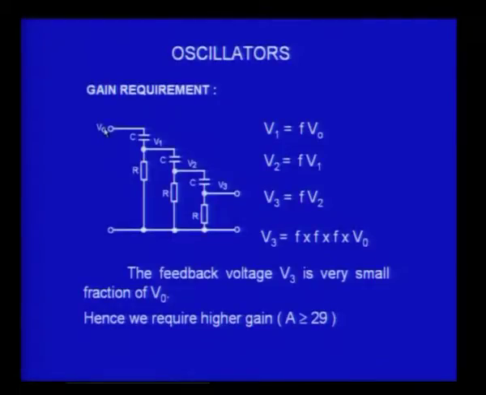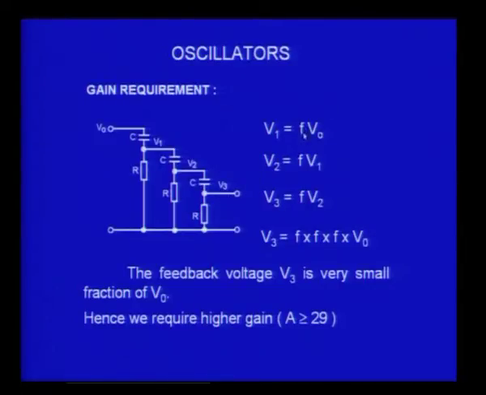So there will be a continuous reduction, and therefore you have to amplify this to bring it to some level, so that A beta becomes equal to 1. Whatever reduction has happened here, you should amplify. If it is 8 times, you should amplify by 8, so that you get A beta equal to 1. That is the whole idea behind this phase shift oscillator, right.